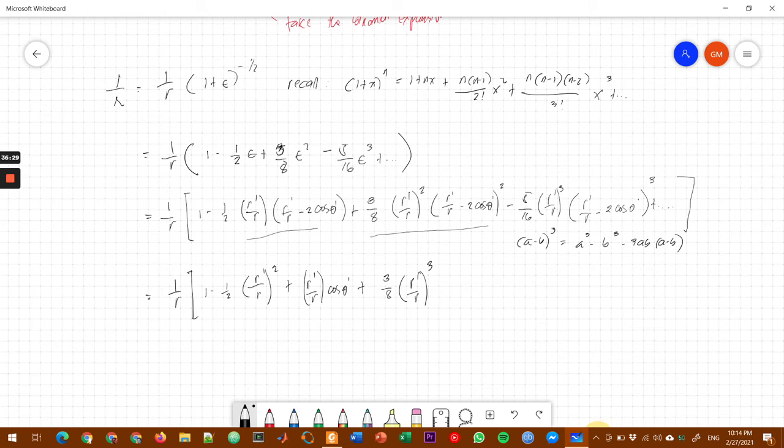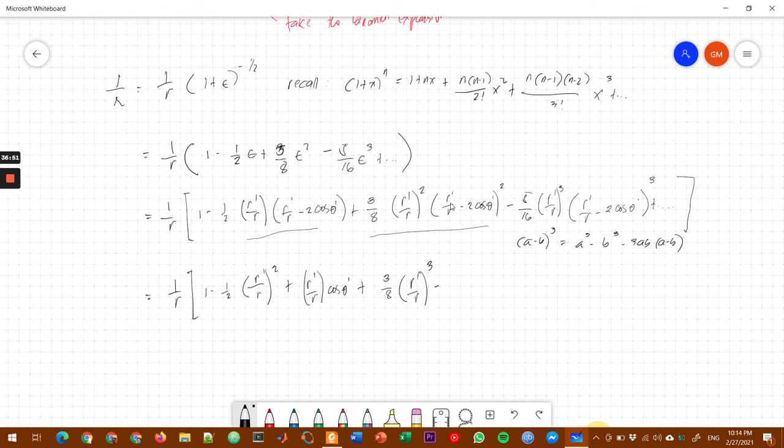Naka-follow na ba? I hope na ma-follow na siya. And then minus, so kani siya i-expand mo na siya ha. So ang kani sa to nga squared man na siya.